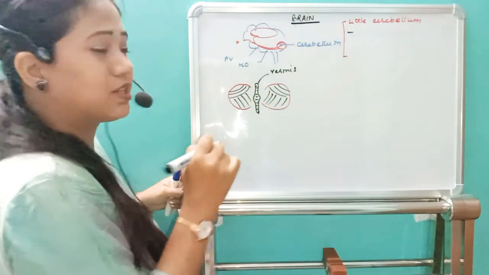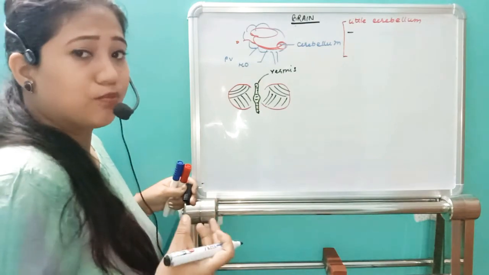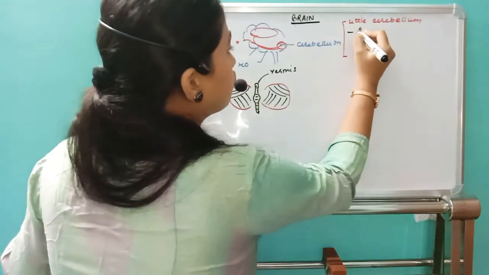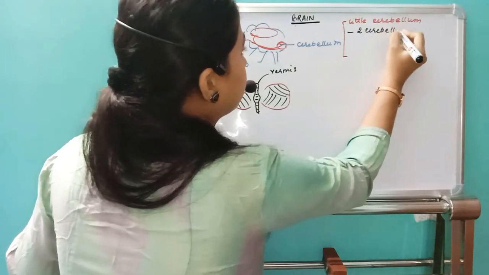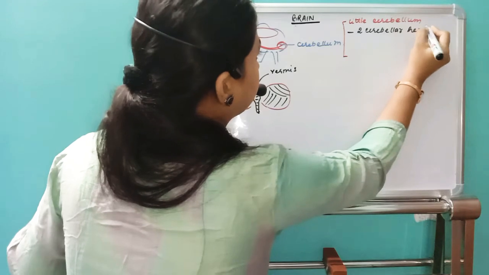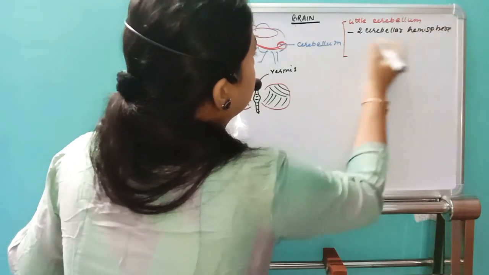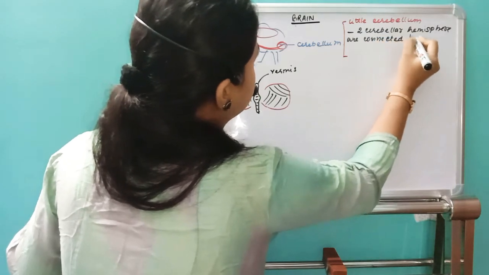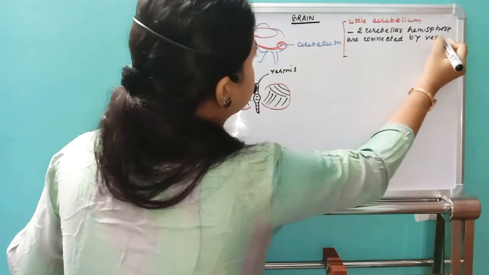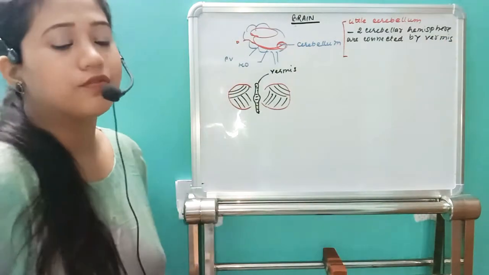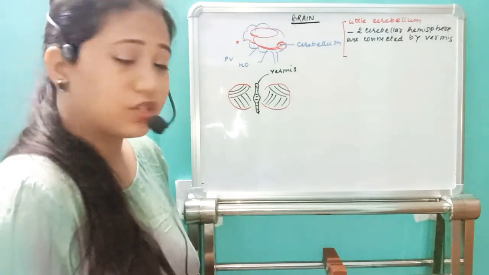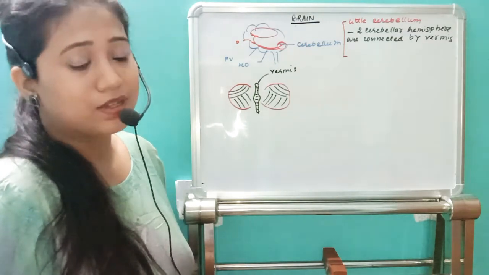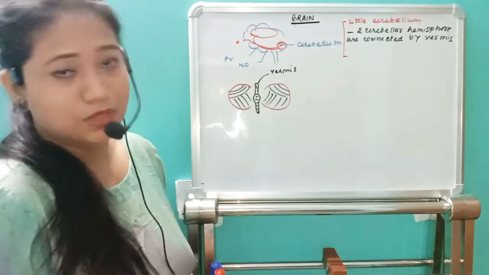The next very important characteristic about the cerebellum is that the two cerebellar hemispheres are connected by the vermis. This is very important: like the cerebrum, the cerebellum is also divided into two parts, called the cerebellar hemispheres.